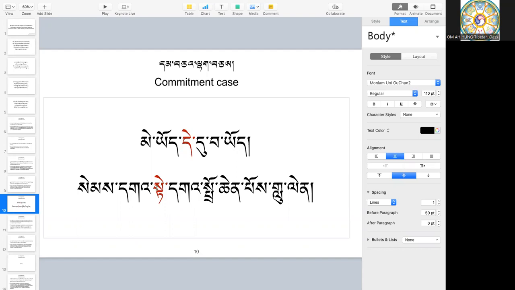So, three components. First one, the first part of the statement, which provides the commitment.